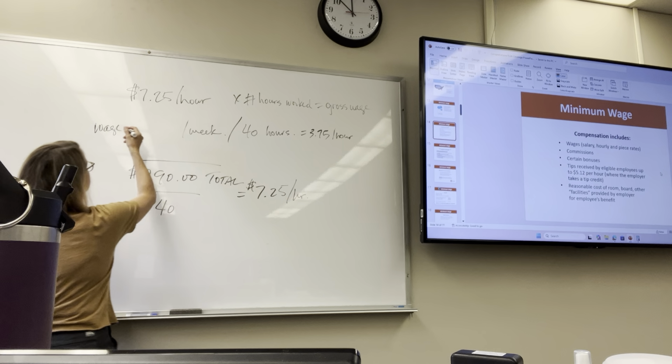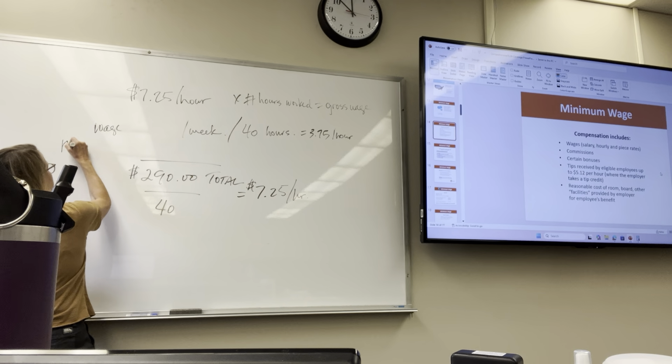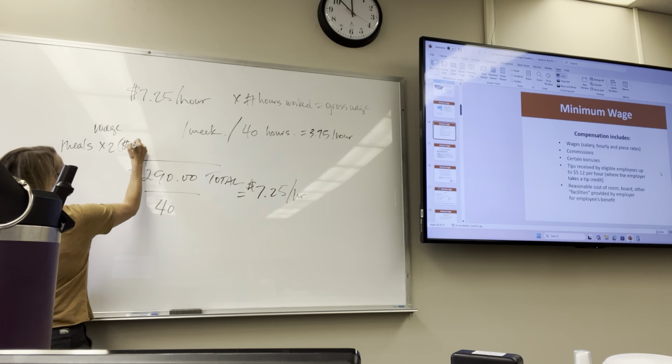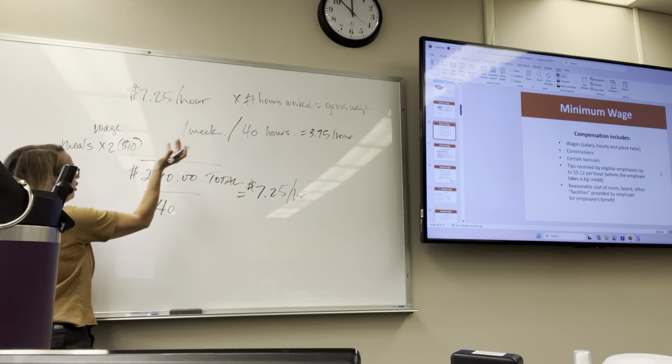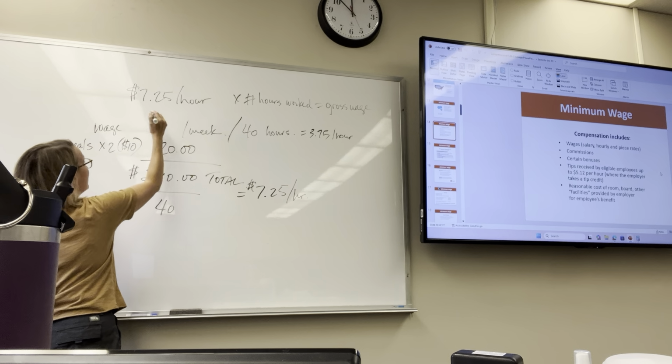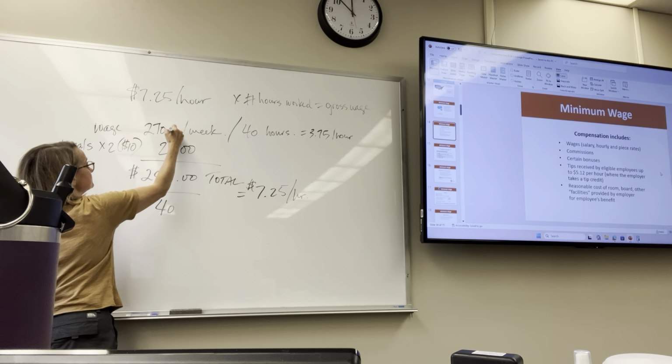So 40 hours, we'll say the meals had a cost of $10 each, so $20, and their wage was $270.